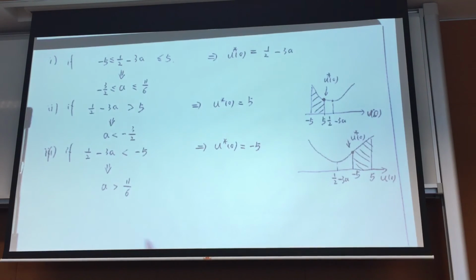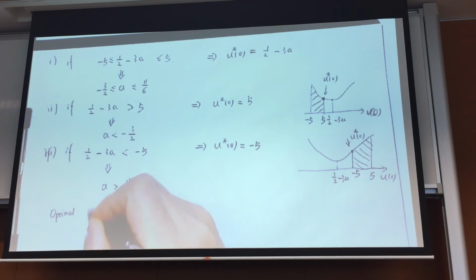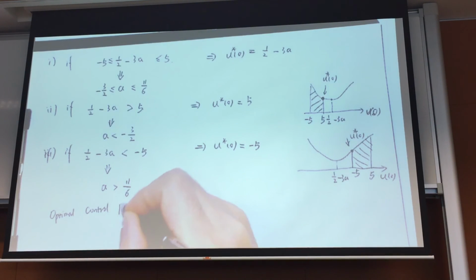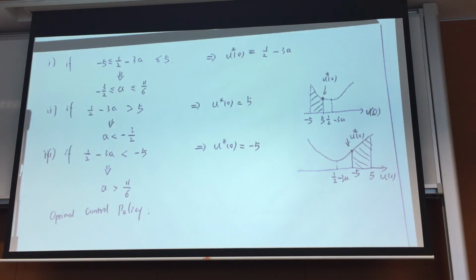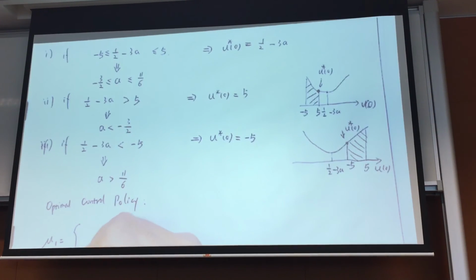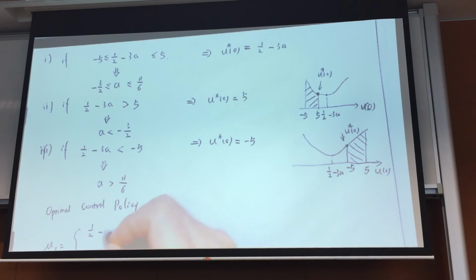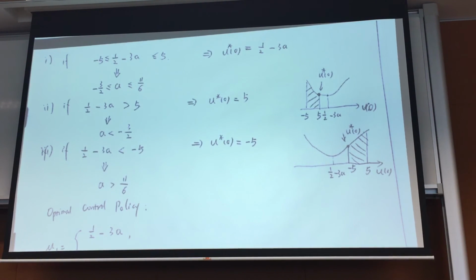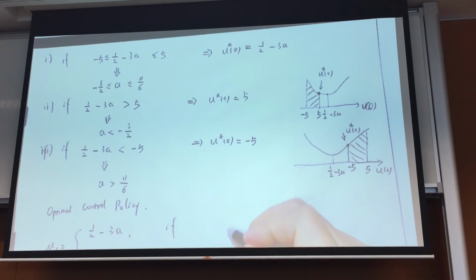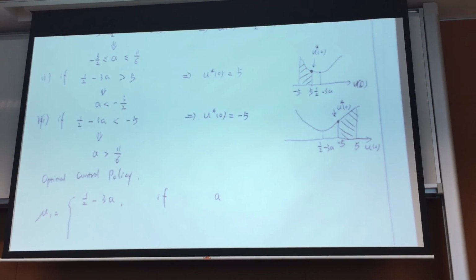So from the three situations, we know the optimal policy is given by this. There are three situations. The first one is given by a half minus 3a. We know that a is the initial condition, so it's given.